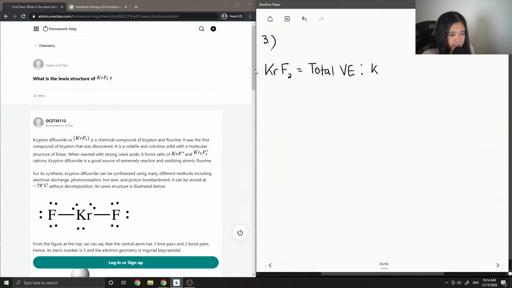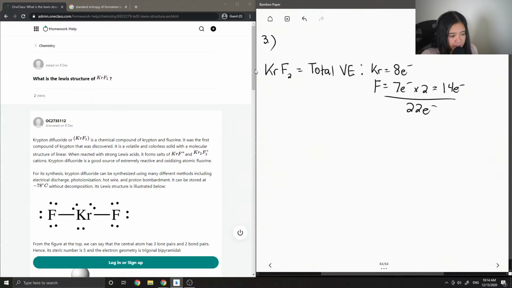So in the case of krypton, there are 8 valence electrons. And in the case of fluorine, each fluorine atom has 7 valence electrons. And since there are 2 of them, we'll multiply this by 2 to get 14. And then when we add it all up together, you have 22 valence electrons.